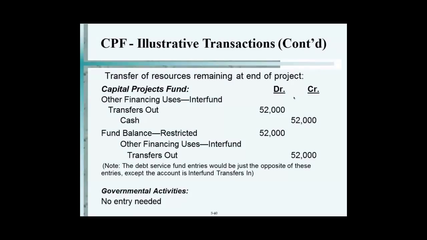Okay. Here it's being transferred out, looks like, to the debt service fund. Why? Because this is the fund that's going to pay for all the principal and interest. Notice what happens once the construction project is completed.